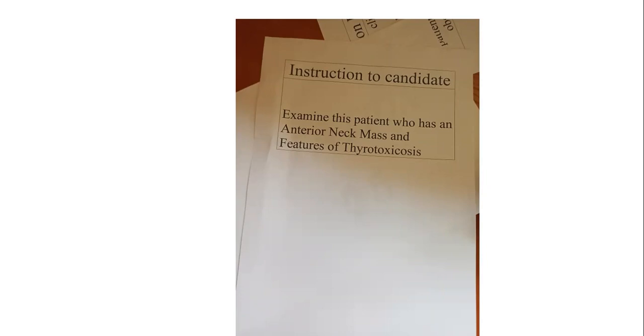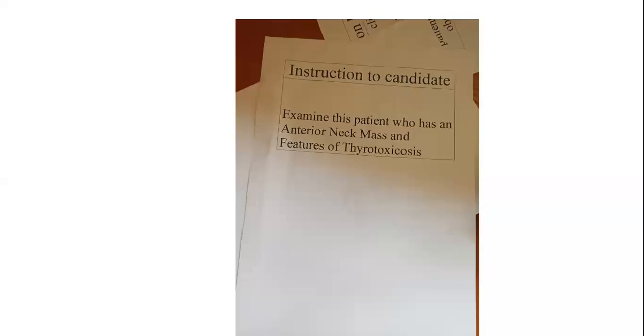I said the first thing you do is inspection, and then you squat in front of the patient so that you can get a good vision of the swelling. Then you check the shape, the size, and the skin on the swelling. You check the number of swelling, if it's solitary or more than one.